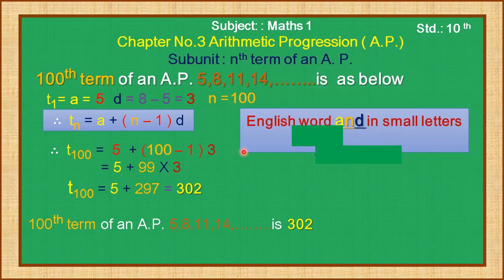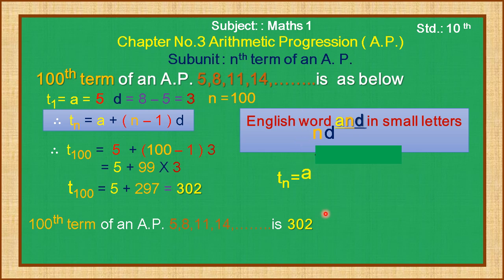So now here there is the English word "and" in small letters. How to remember the formula Tn using the word "and"? See here, there are the letters A, N, D. Now see how I can write the Tn formula using these letters.